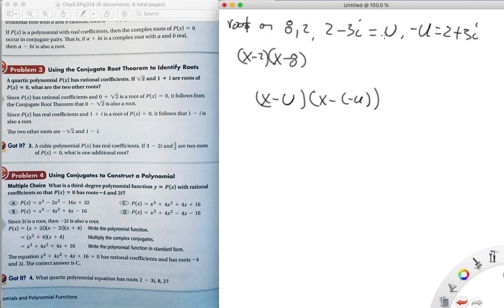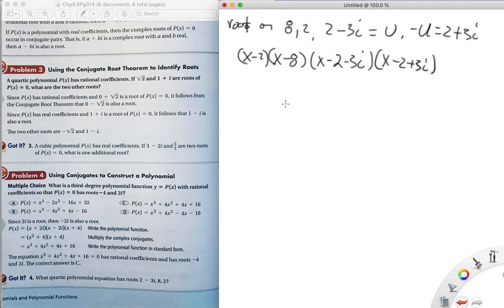Those guys are the conjugates. So we now sub it back in. It's going to be x minus 2 minus 3i times x minus 2 plus 3i. Alright, that's the first step, setting it up. Step 2, you've got to multiply these guys out.